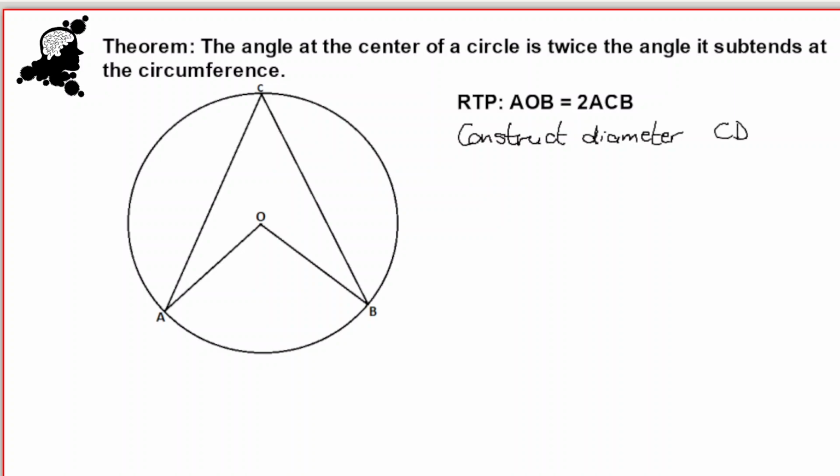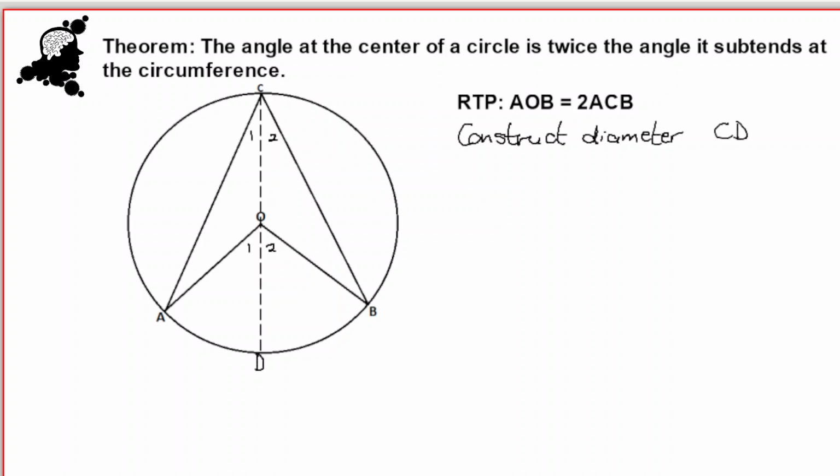So we are drawing a line from C right through the center of the circle, and we are going to call the next point where the diameter lands D. This would mean that we've got O1 and O2, and C1 and C2.